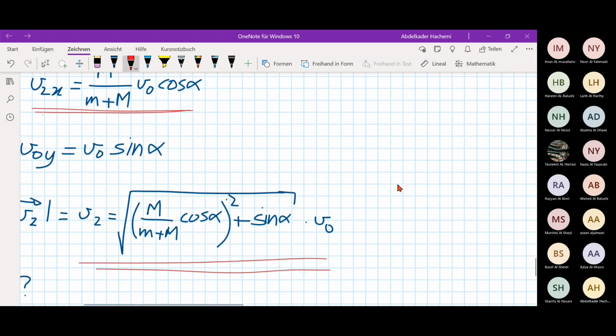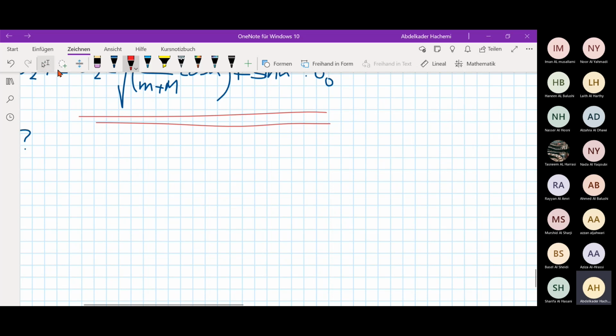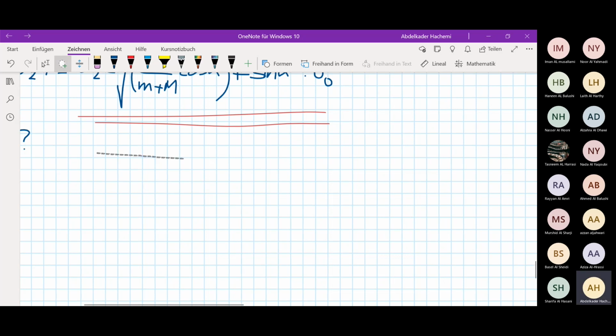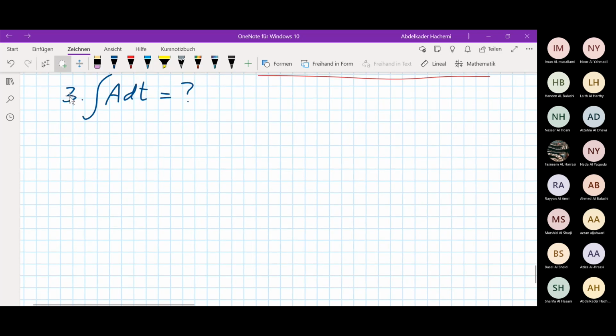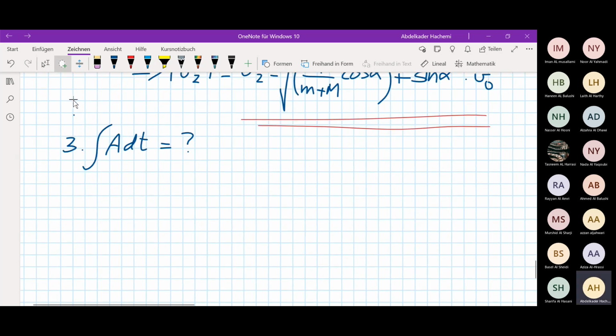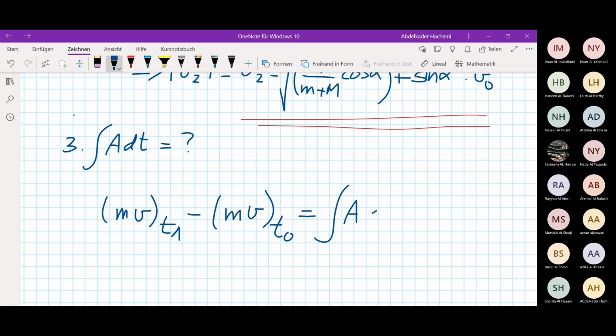Okay, to calculate the integral of the contact force, now what we have here is mv at time t1 minus mv at time t0, and this will be equal to the integral of A dt.